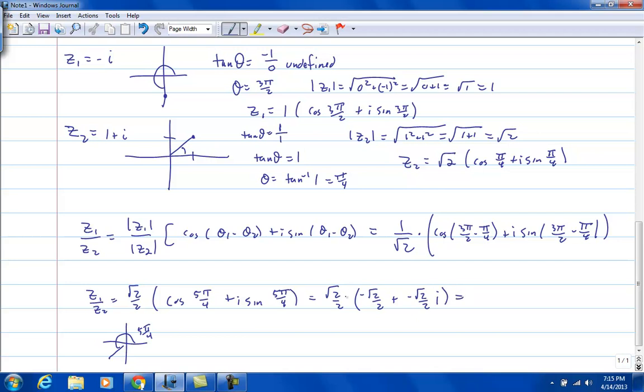So we have square root of 2 over 2 times negative square root of 2 over 2 gives us negative 2 over 4, minus 2 over 4 i, or should I say plus the negative. So that's going to be negative 1/2 minus 1/2 i. And this would be that answer.